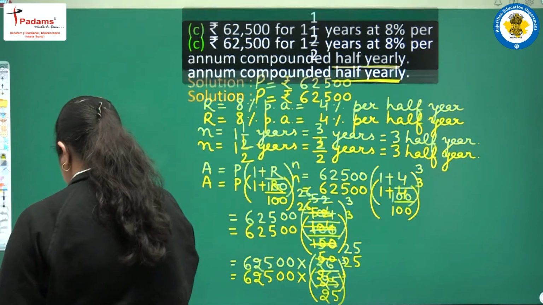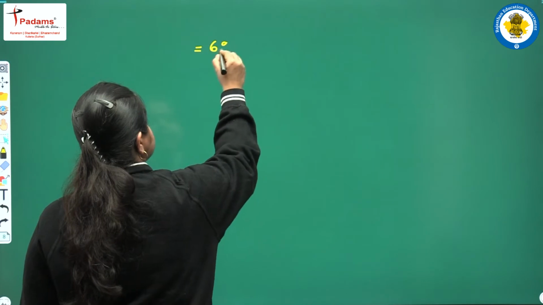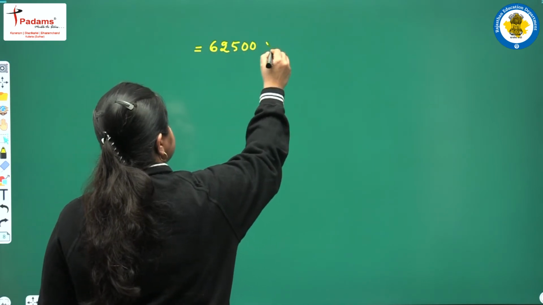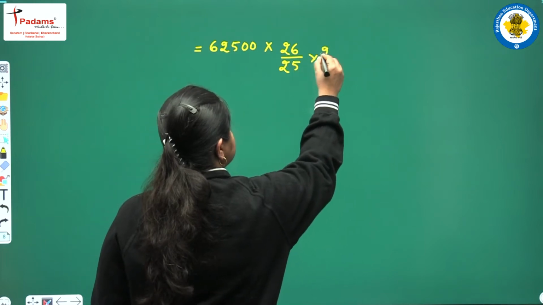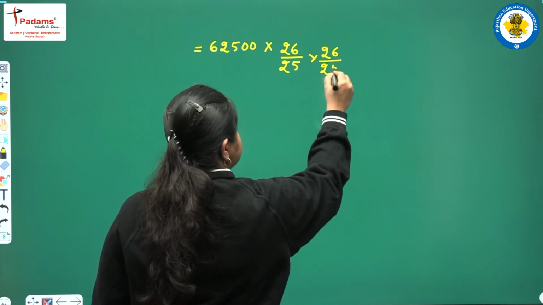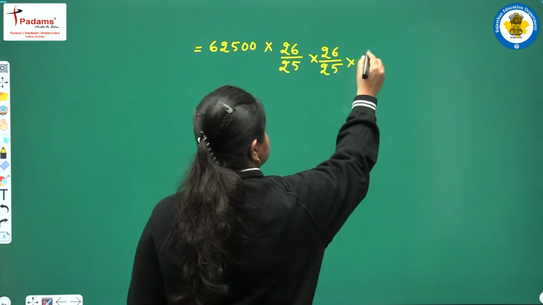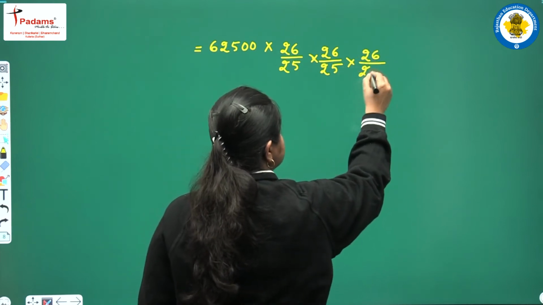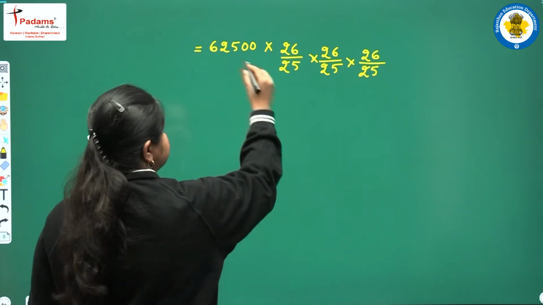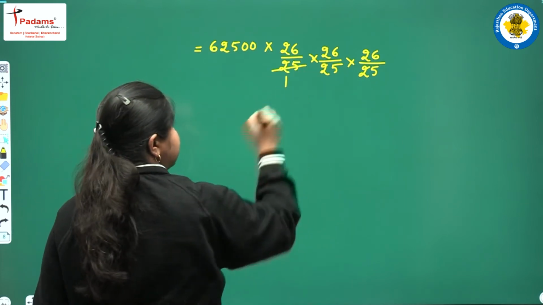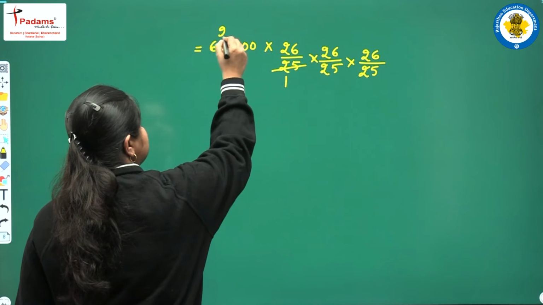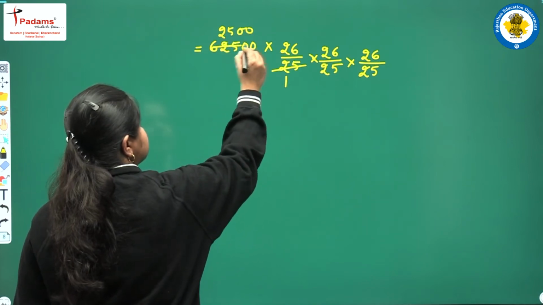Let us now take a new page. This will be equal to 62500 into 26 by 25. 3 times लिखेंगे हम, क्योंकि हम देख रहे हैं कि पावर है 3, तो 3 times multiply होगा. Now we can divide here. 625 is 25 square. तो हम डिवाइड कर सकते हैं 25 ones और ये जाएगा 25 times and 2 zeros.